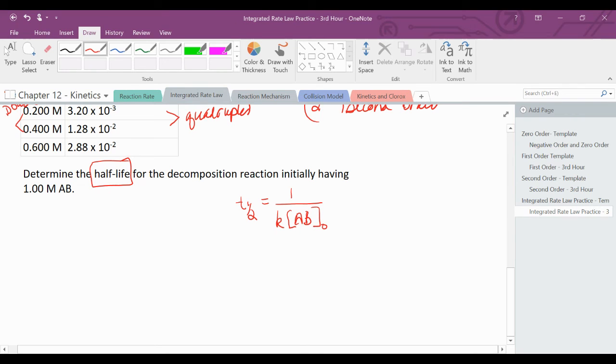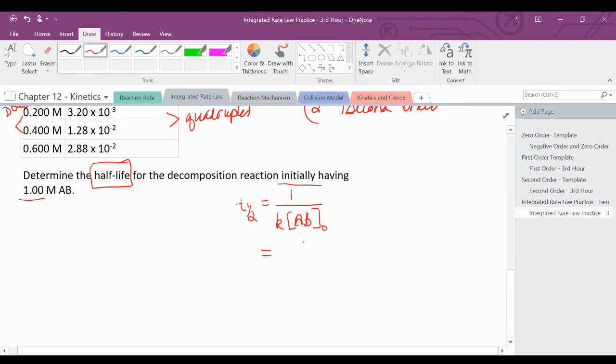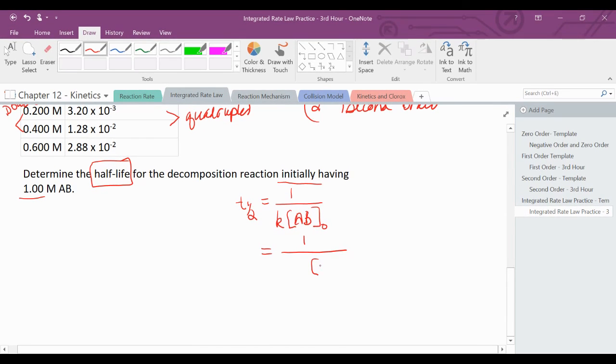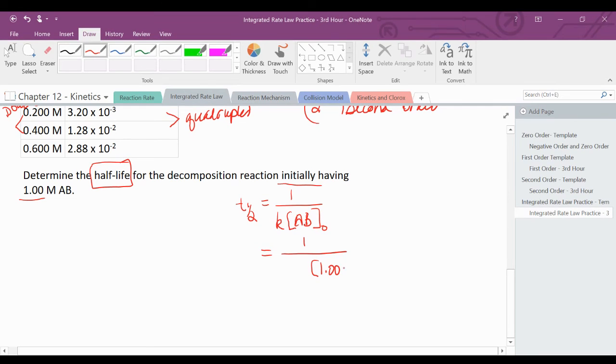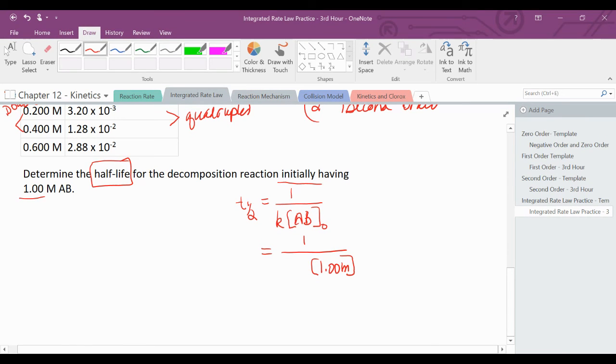Okay, so I gave you the initial concentration as 1 molar, but I did not give you the value of K. So we're going to have to figure out the value of K.